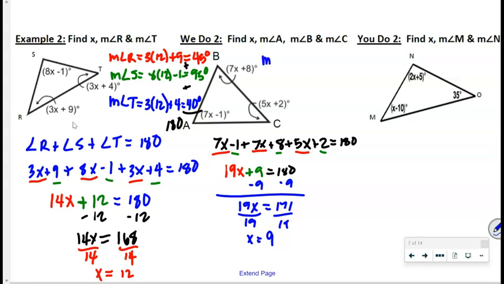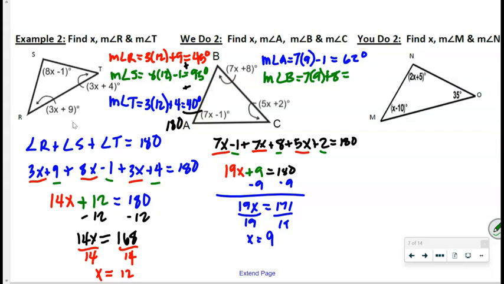So we've got the measure of angle A. So that's going to be 7 times 9, that's 63 minus 1, so that would be 62 degrees. Then we've got the measure of angle B. That's also 7 times 9, but plus 8.